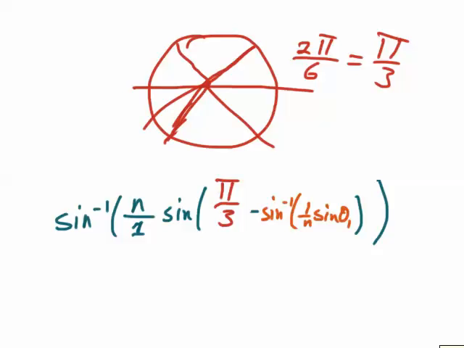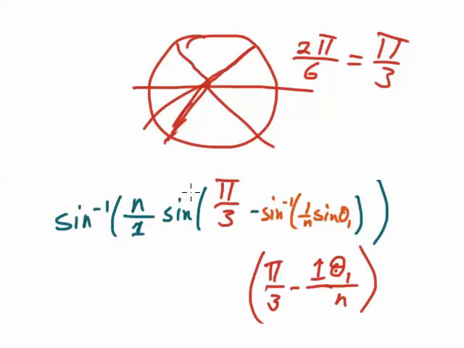And now that it's converted to radians, I can change this sine theta 1 to just theta 1 over n. I can change that inverse sine to just 1 times that. And let me go ahead and put that 1 in there. Pi over 3 stays pi over 3 minus this sine just becomes a unit function.